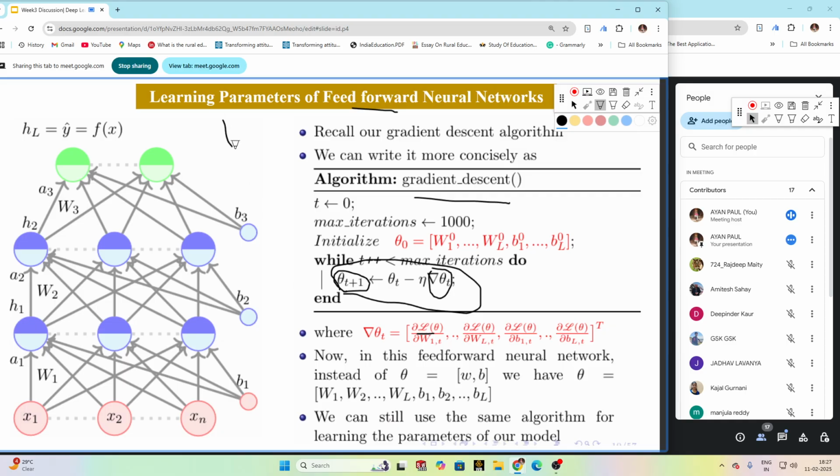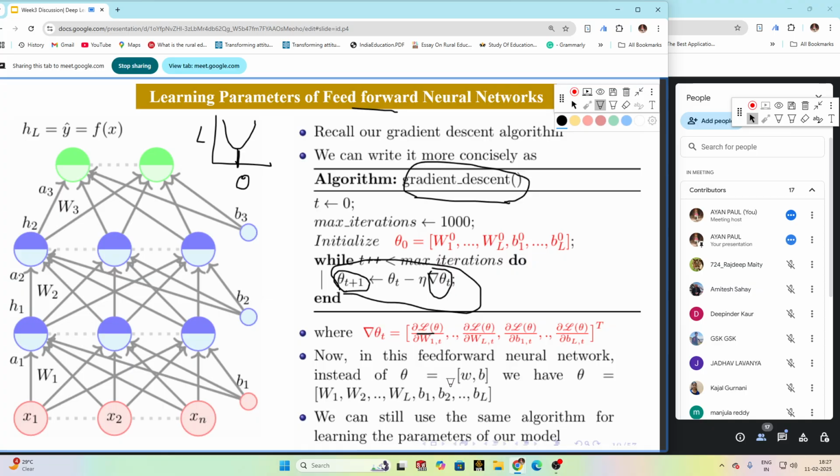If I just draw a 2D graph, let's say this is L and this is theta. We want to reach a theta at which our L will be as small as possible. To learn this, we are using the algorithm called gradient descent, and together this is known as backpropagation.